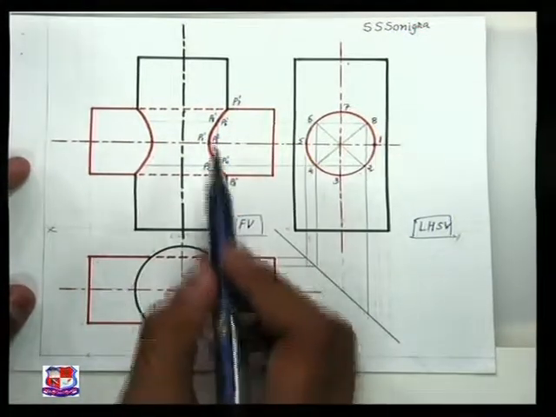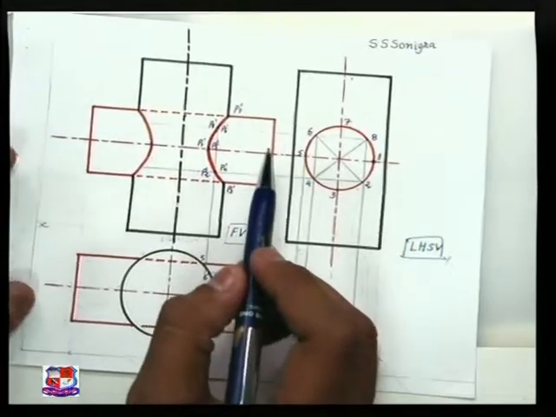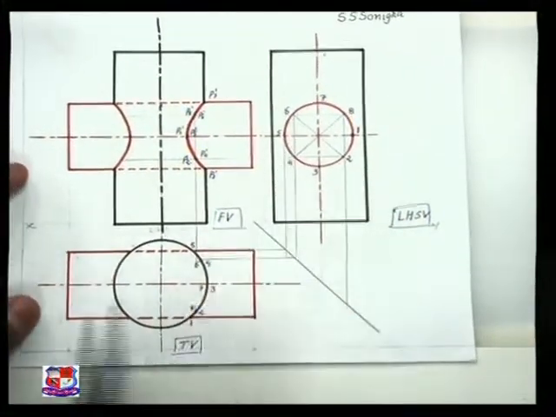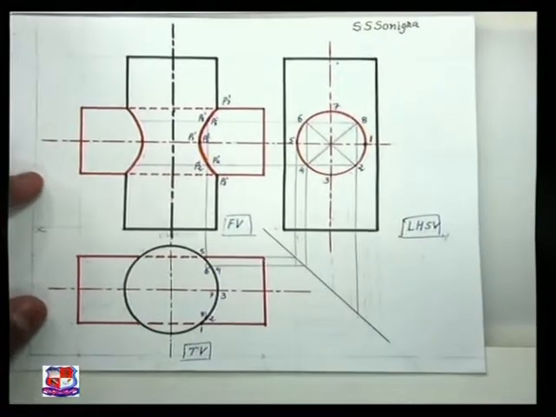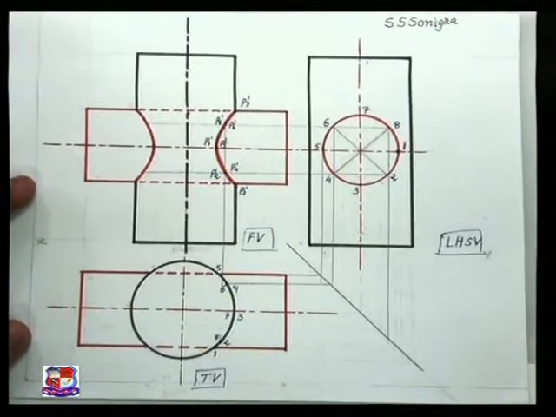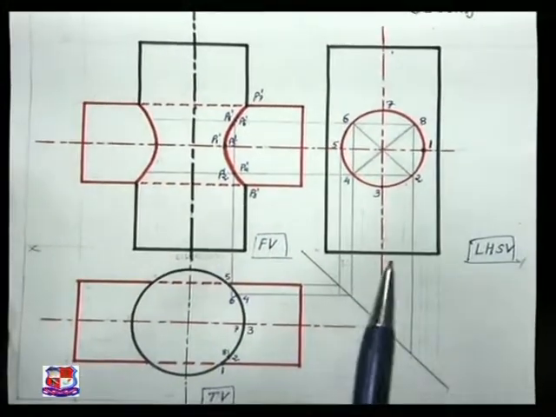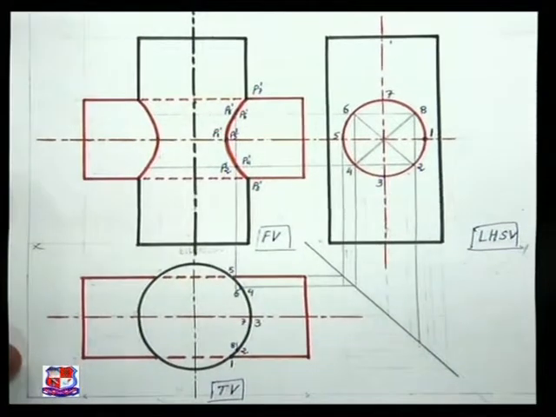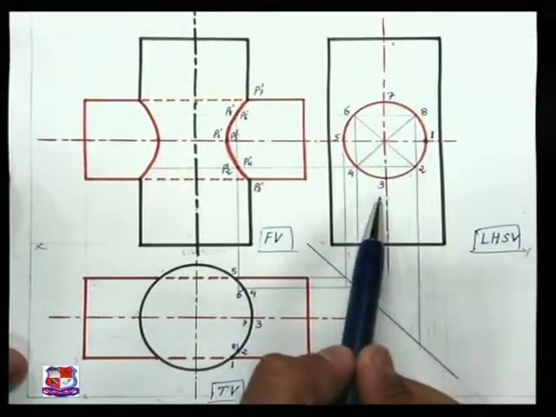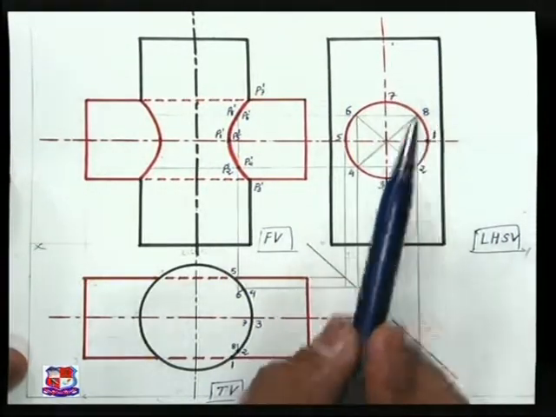After drawing three views of this horizontal cylinder, let me pick up the points of intersection between these two cylinders. So for that, what should we do? We divide this circle into an equal number of parts. So we divide this circle into 8 parts: 1, 2, 3, 4, 5, 6, 7 and 8.